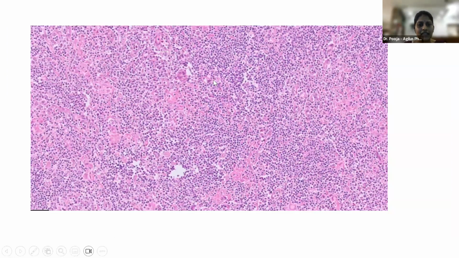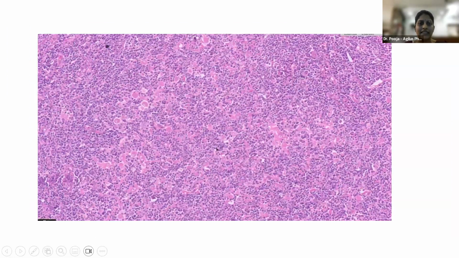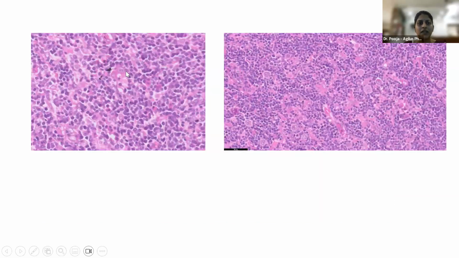Here we can see at a little higher power that there is this background of small lymphocytes, and dispersed in between are larger cells, which are more clearly seen here. A few larger cells with prominent nuclei and moderate amount of cytoplasm, most of them having single prominent nuclei, some having even two prominent nucleoli.